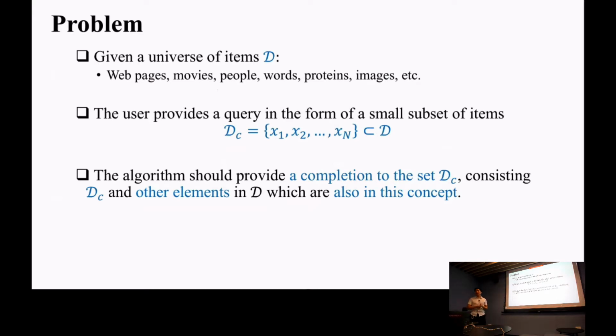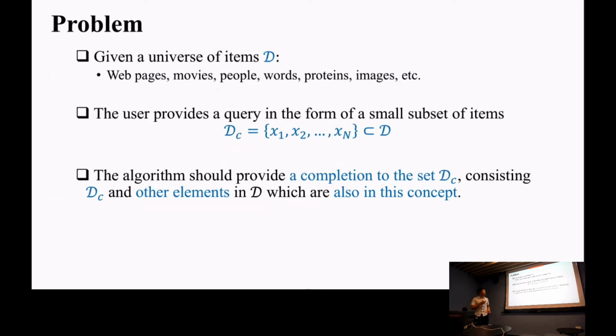So for example, if I put in the query Putin, Trump, Xi Jinping, then it should return the names of the current leaders. The query set defines some underlying concept, and then you should be able to return other items that also share this concept.